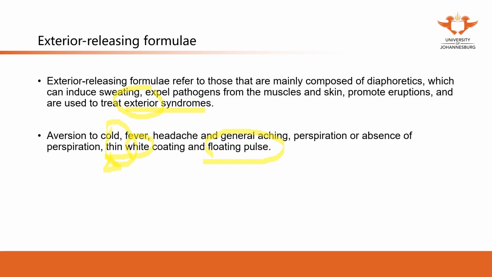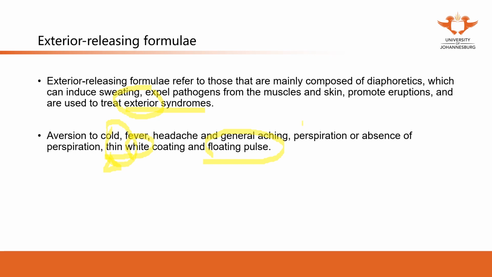The patient may present as perspiration or absence of perspiration. As you can see here, these two symptoms are contradictory. One is sweating, one is no sweat. Why may the patient present as sweating, while the other patient presents as no sweating, but both of them are considered as Ethereal syndromes?